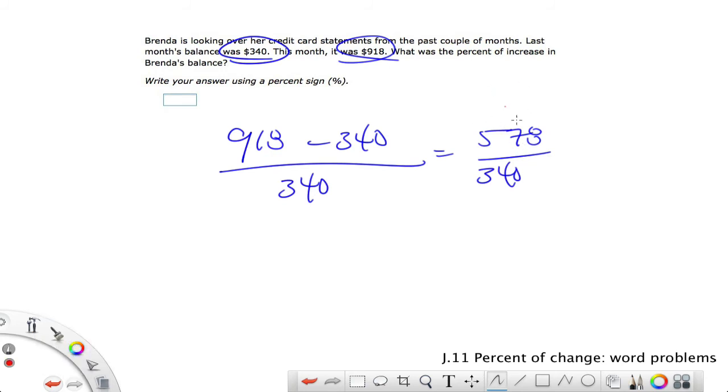So if we do some reducing, I don't see right away what will go into this, but we can start with 2. Why not? This is 2 times 170, and 2 goes in here. This is 2 times 289.